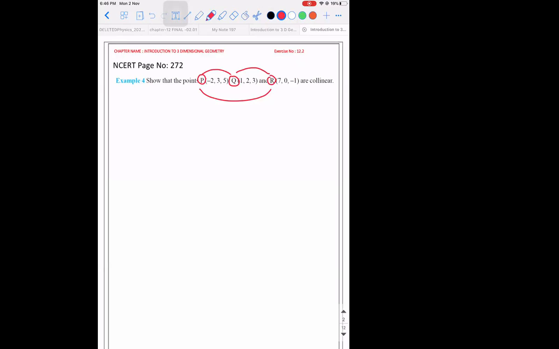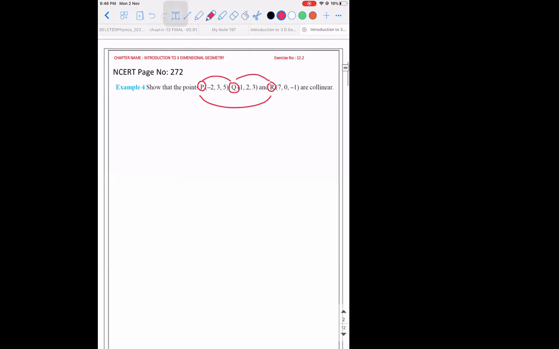Try to find out. So don't forget the square root, okay?